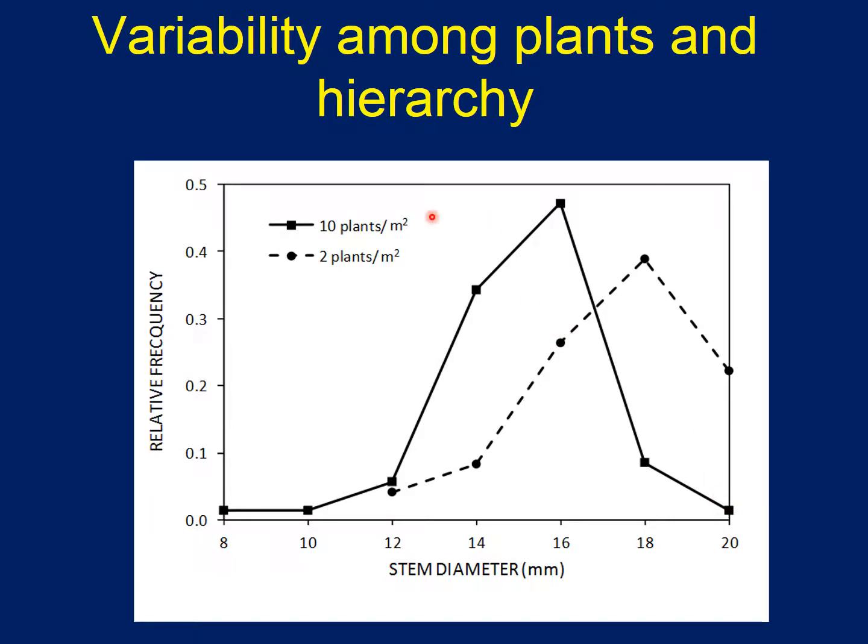For 10 plants per square meter, we have plants ranging from 8 to 20 millimeters in stem diameter, while for 2 plants per square meter, we have plants ranging from 12 to 20 millimeters in diameter. The question is, what causes this large variability? Or what determines if a plant is small, like here, or large, like here, in a given field?